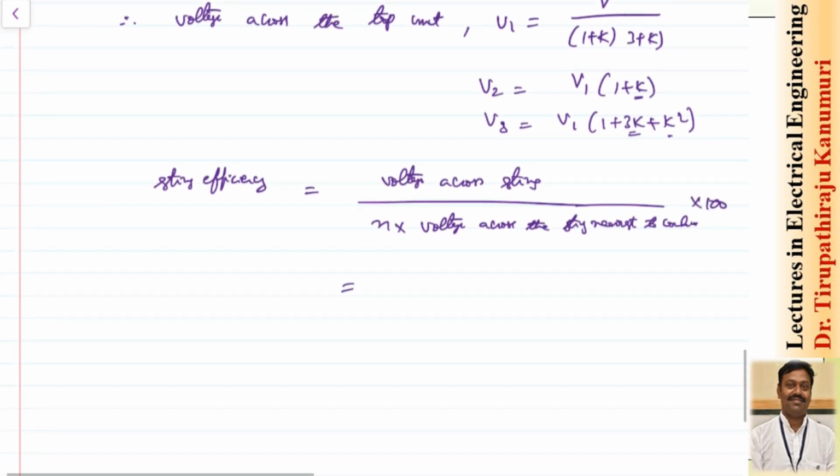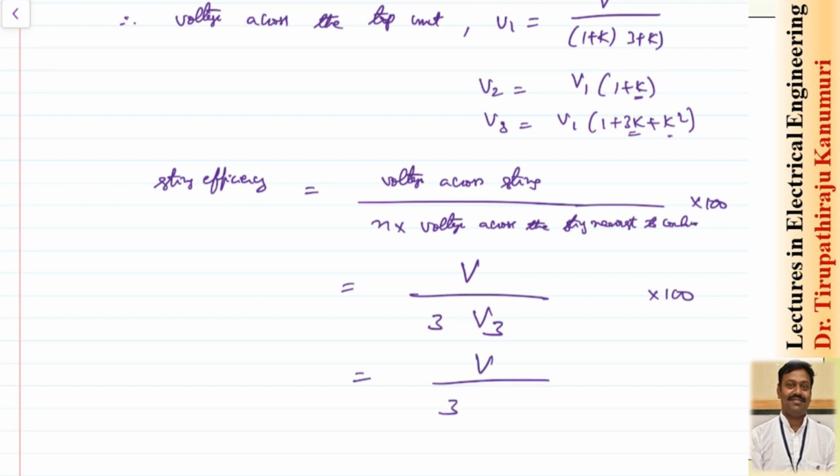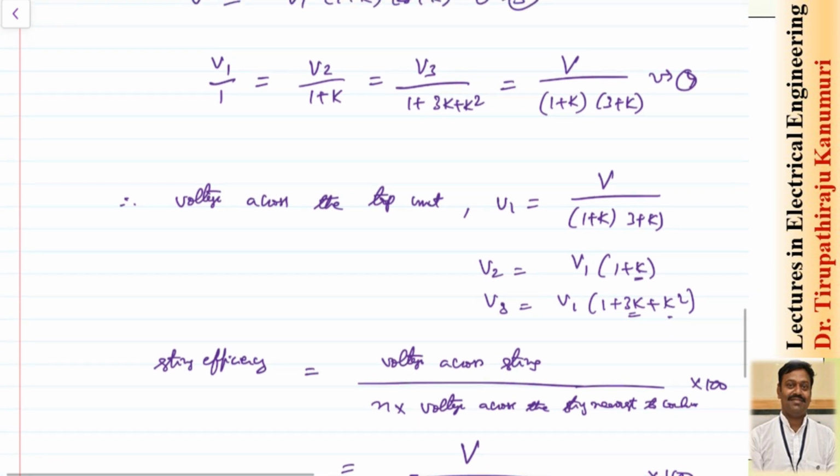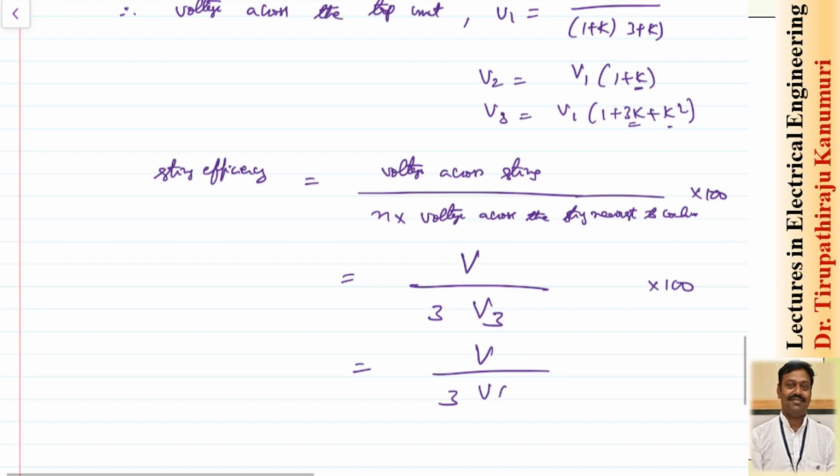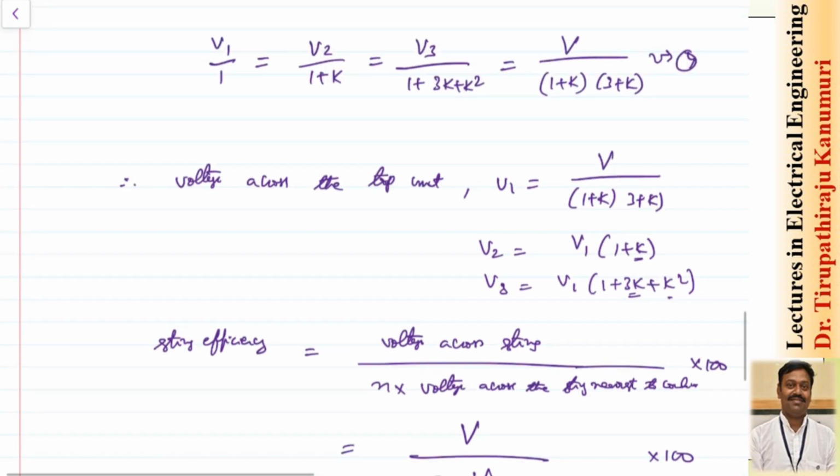Or we can say the voltage across the string is V, multiplied by 100, divided by n times the voltage across the string, where n is equal to 3 insulators here, multiplied by V3. Or I can write this as V divided by 3 times V3, and if you represent V3 in terms of V, V3 will be V multiplied by the term that goes there, because these two I can equate.